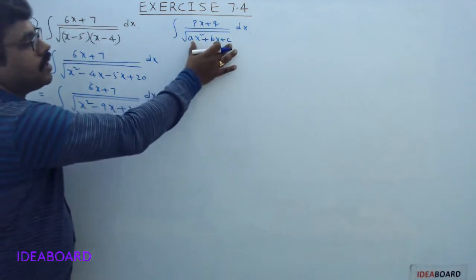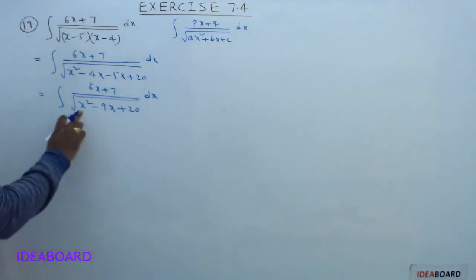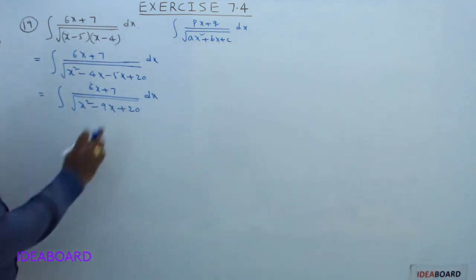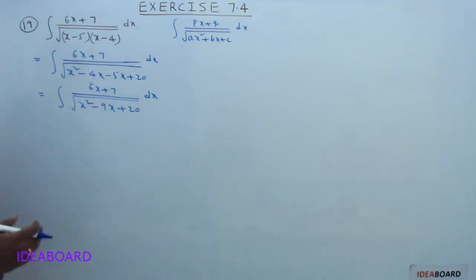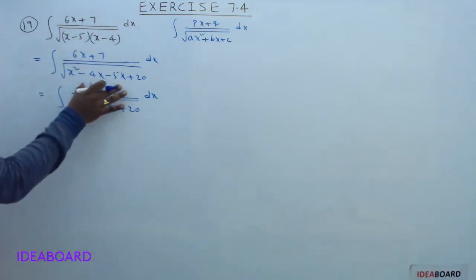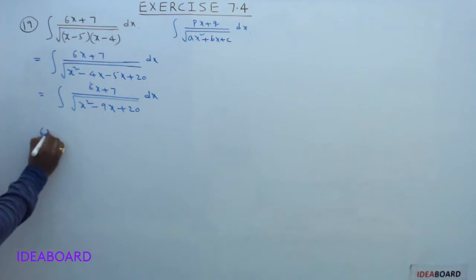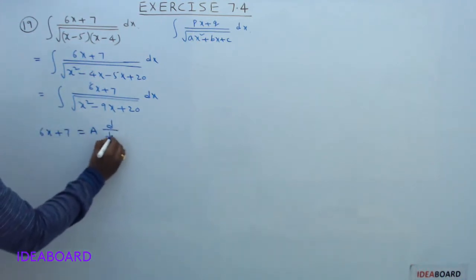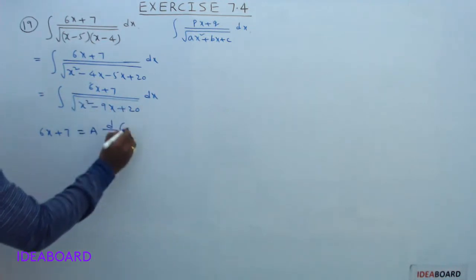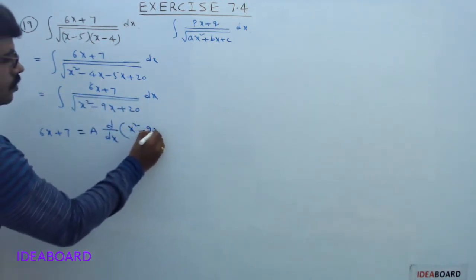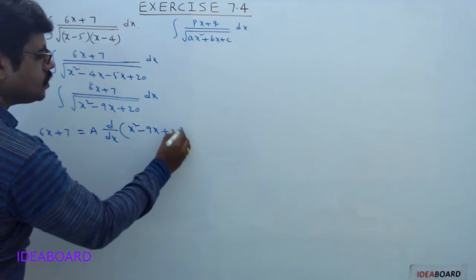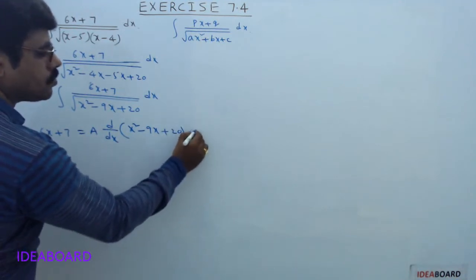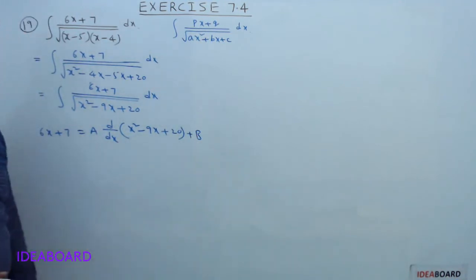In place of ax² + bx + c, x² - 9x + 20 will be there. Now apply that procedure. First write 6x + 7 as some constant a into the derivative of (x² - 9x + 20) plus some constant b.